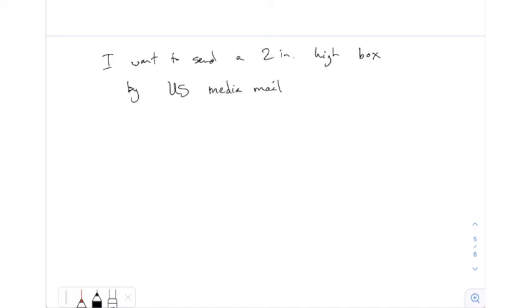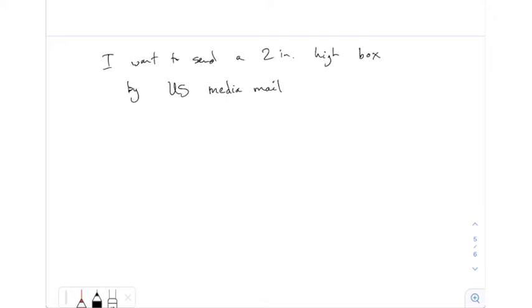I noticed this somewhat strange thing because I was selling stuff on eBay, and if you're selling a book or CDs or something, you can send them with this special media mail, which is slower but cheaper. Anyway, I found the rules for how big your box can be very strange.